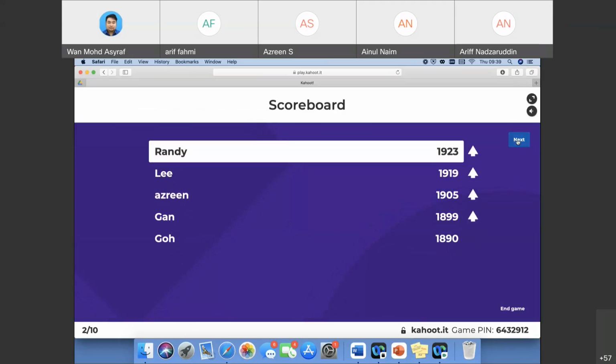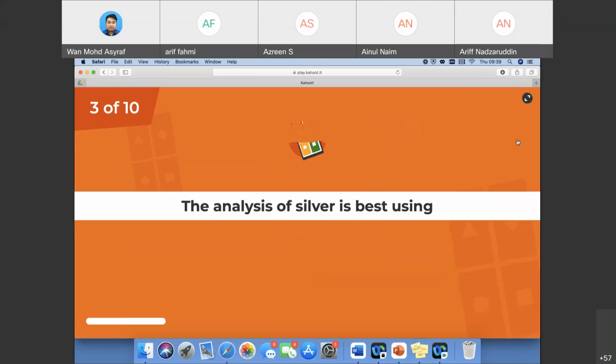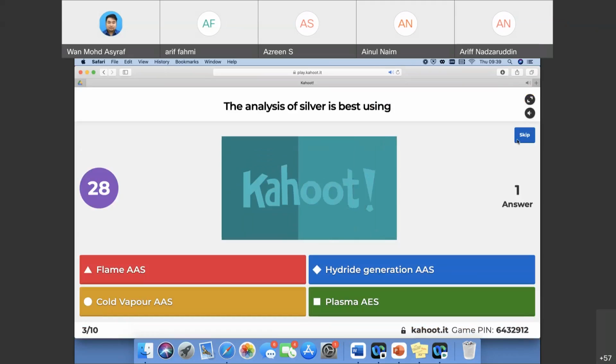Alright, next question. The analysis of mercury... okay, I rasa ini soalan salah kot. I salah tulis. The analysis of mercury, sorry. Mercury is best using... it was supposed to be mercury lah.